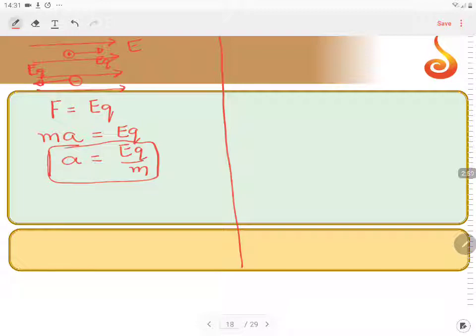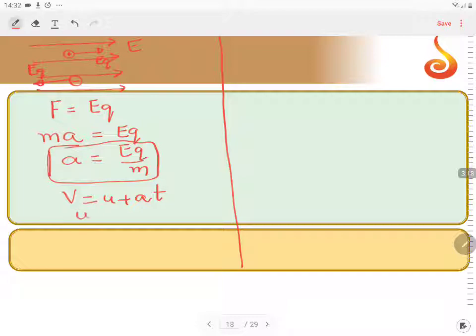Then we can say acceleration is constant. When the acceleration is constant, we can make use of equations of motion. V is equal to u plus at, and also we can make use of the other two equations of motion. Here we want v equal to u plus at.